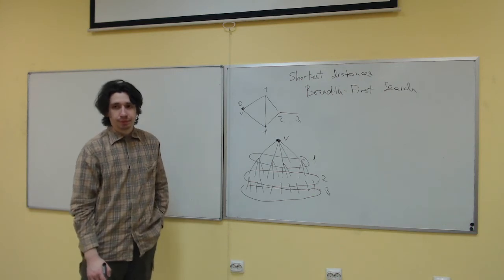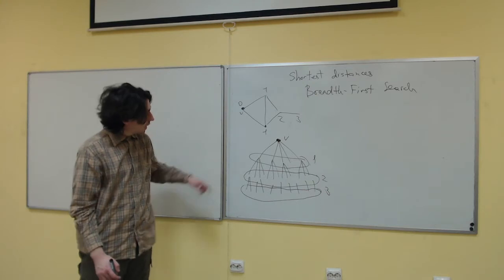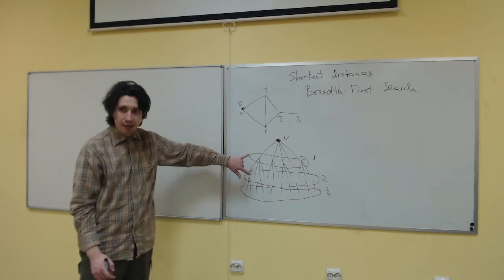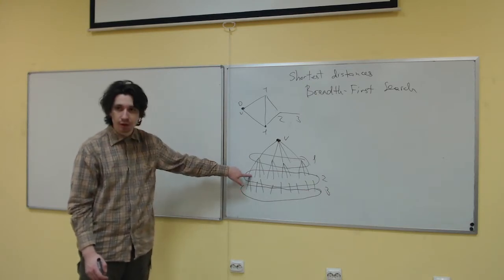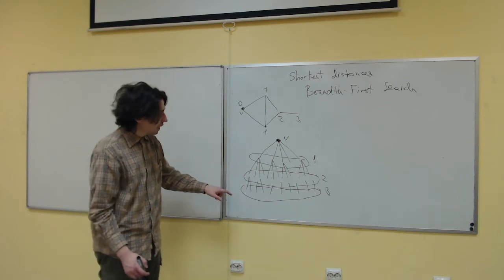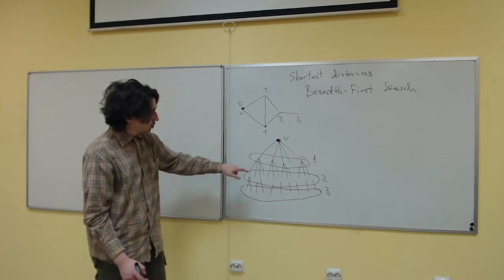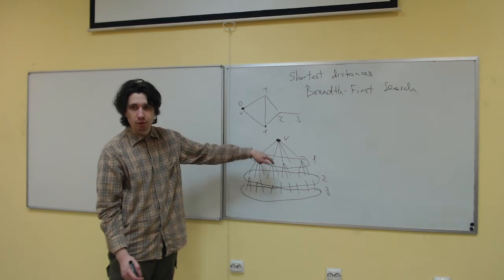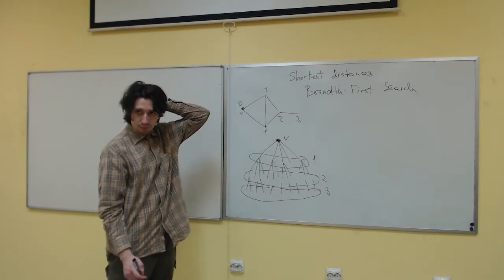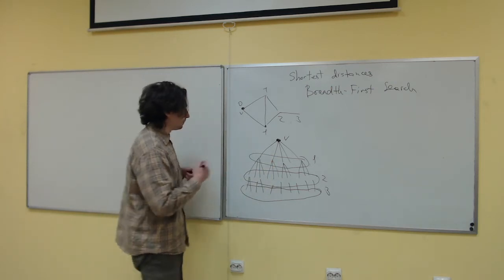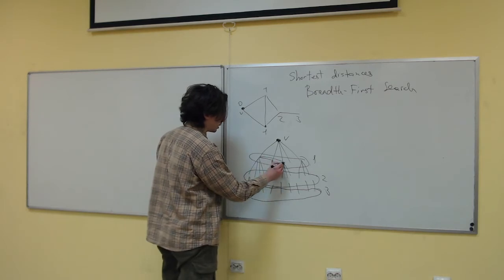No, because we visited all the neighbors of 1 in the second level. Yeah, exactly. If it has an edge, then this guy should be on level 2. Okay, is it possible to have edges inside the level? Yes, I think so. Yeah, good. So now you approximately understand what's happening here.